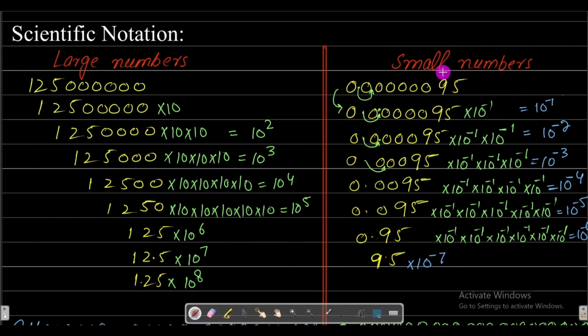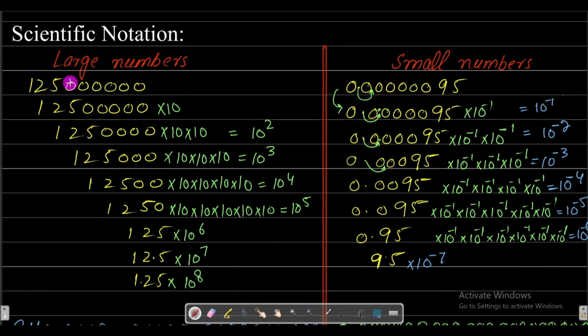So from 9 we come to 5 numbers, and the magnitude of this and this is also the same. So this scientific method, to write this small number in power of 10, is called the scientific notation.